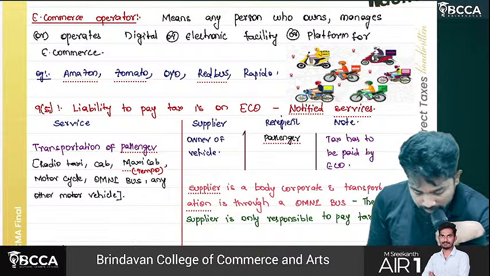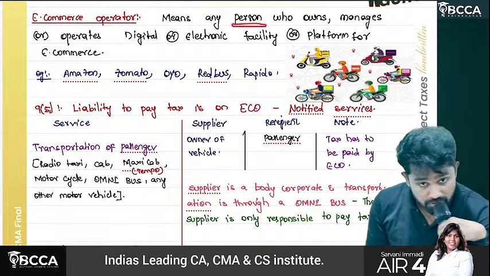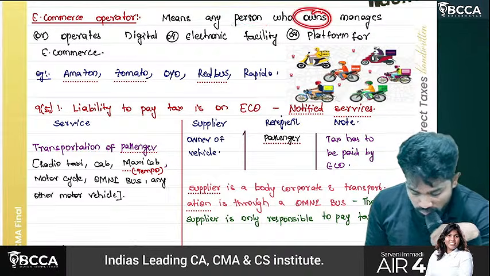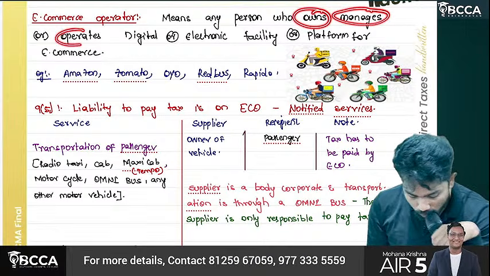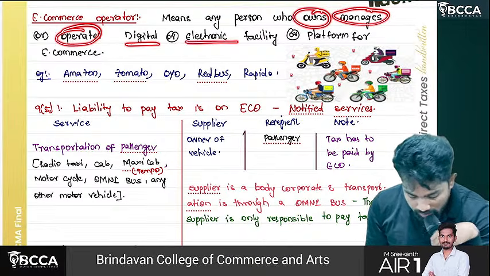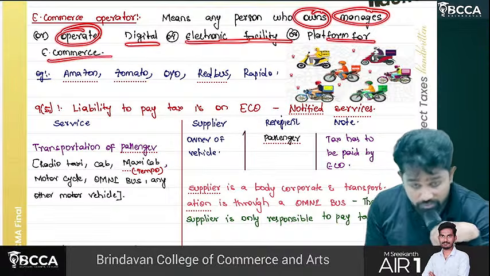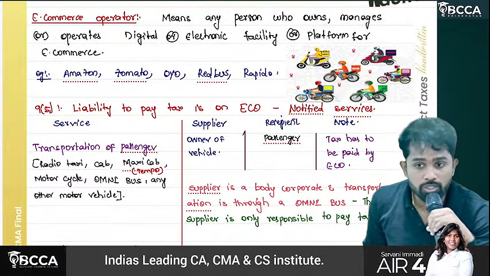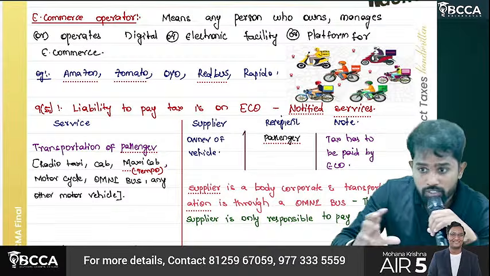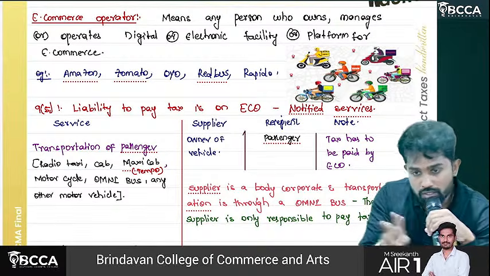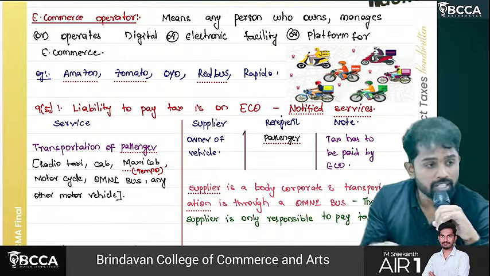E-commerce operator means any person who owns, manages or operates a digital or electronic facility or platform for e-commerce. So an e-commerce operator gives a platform through which the buying and selling of goods can be done online.